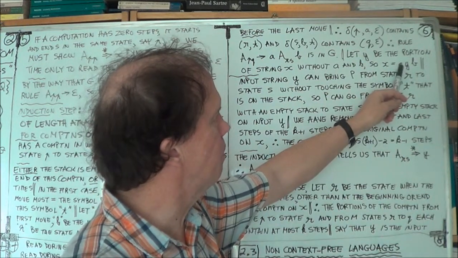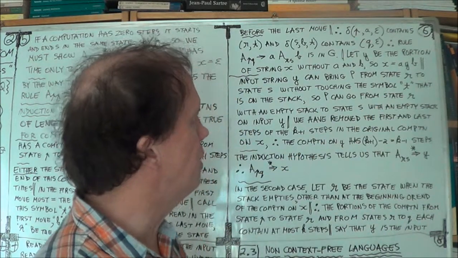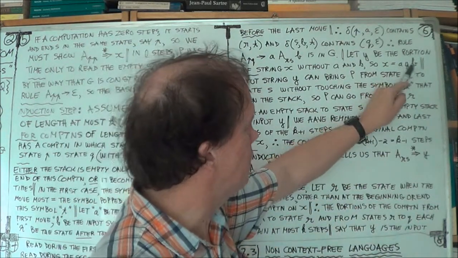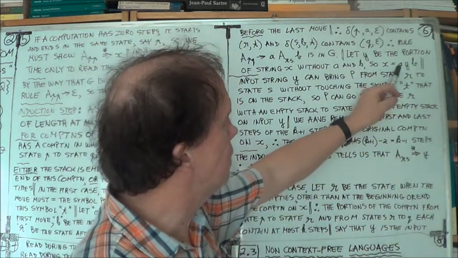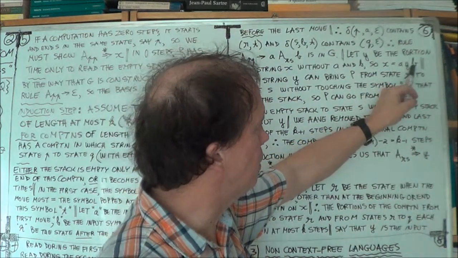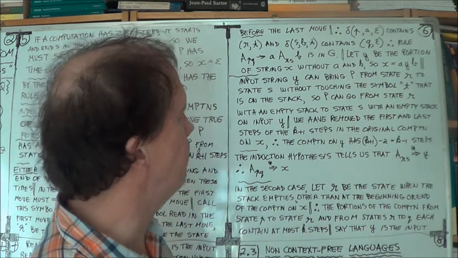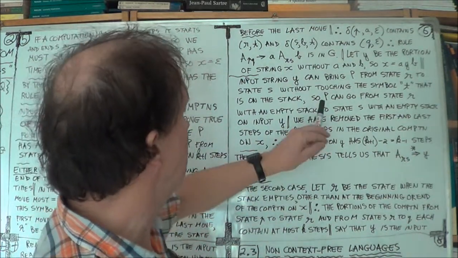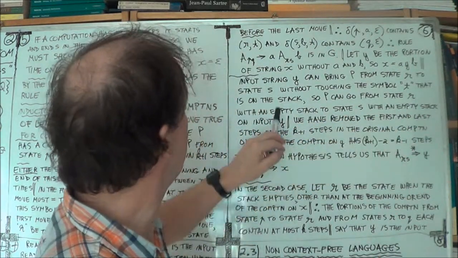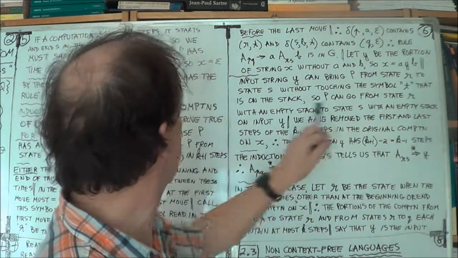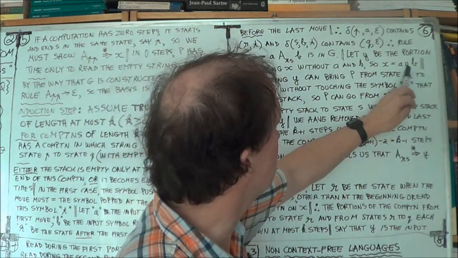It was pushed when the machine read a, and it's still there and gets popped when the machine reads b. So the processing of the machine as it reads y leaves the T on the stack and pops it here. So the stack is now empty. That means the machine can go from state r with an empty stack to state s with an empty stack on reading this y.